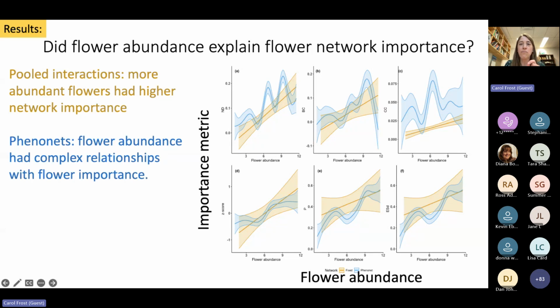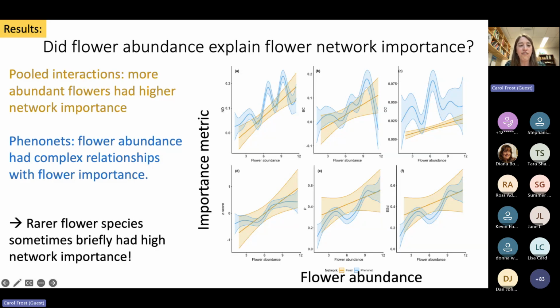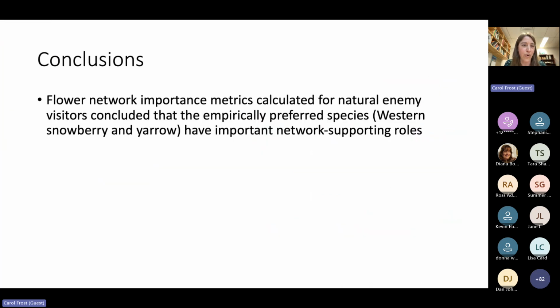So when you calculate importance in phenonets, these phenological networks, flower abundance has complex nonlinear relationships with flower importance. In fact, rarer flower species, so towards the left side of the x-axis, like for example here, can sometimes achieve high importance. So importance goes up and down, even though generally up with abundance, some rare flower species achieve temporary high network importance.